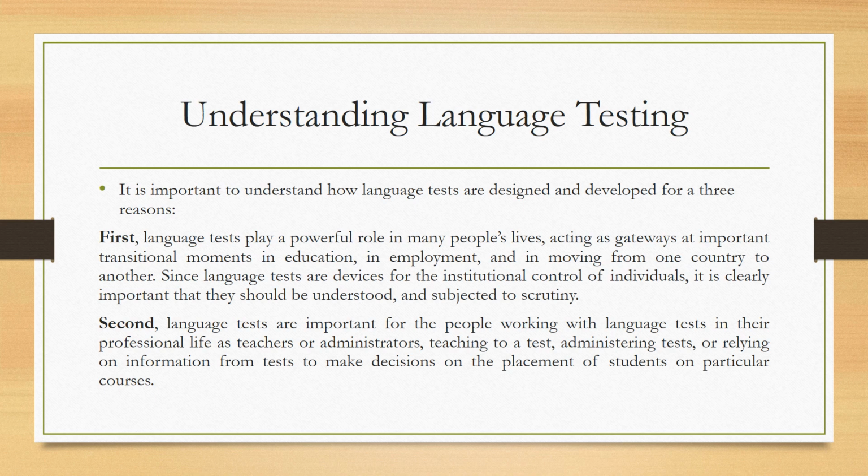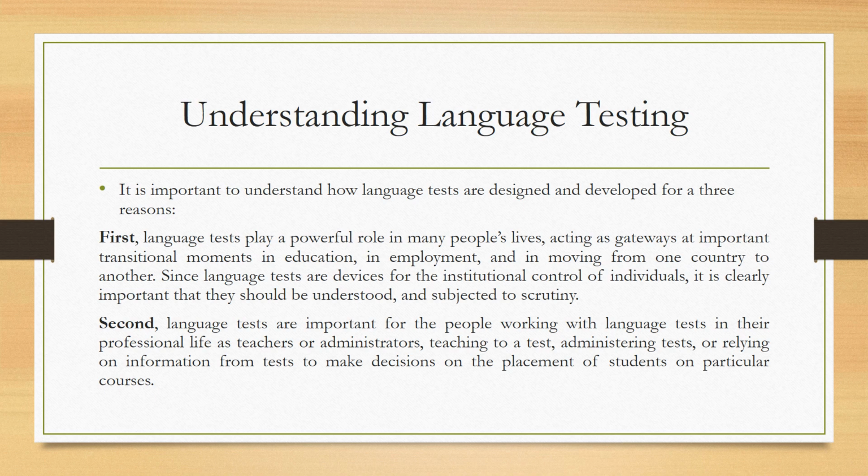So since language tests are devices for the institutional control of individuals, tests, and especially language tests, are part of institutional, formal education. If you remember, we have used these terms in the previous definitions that we have explained.